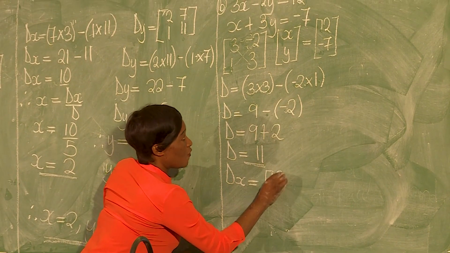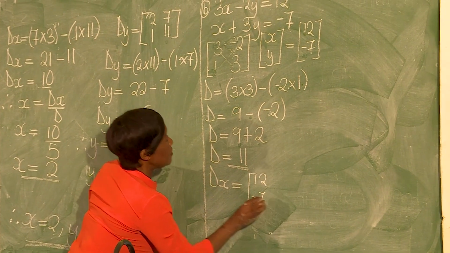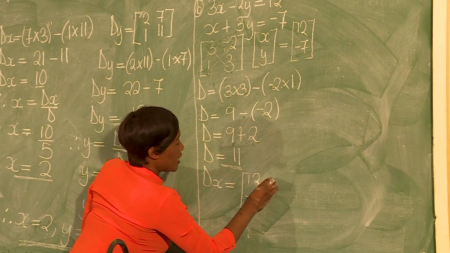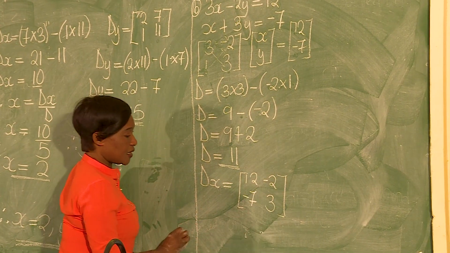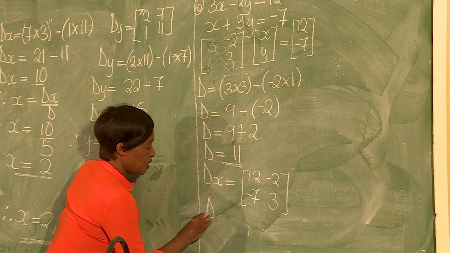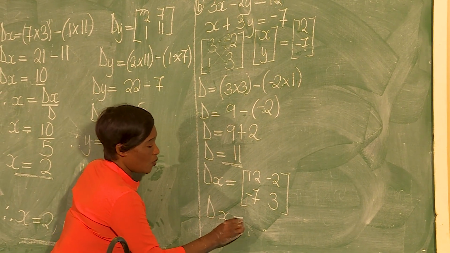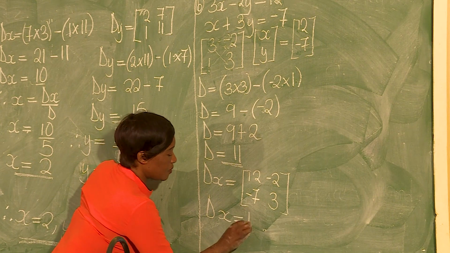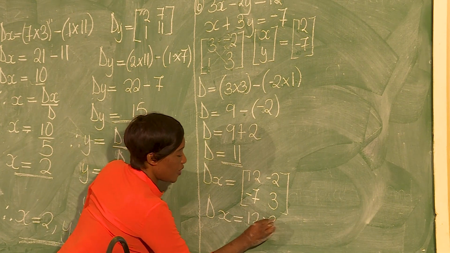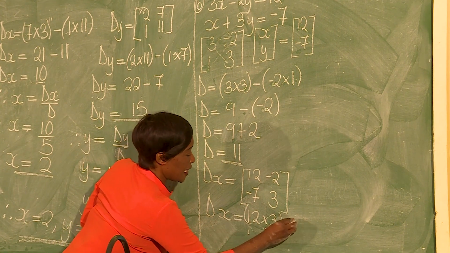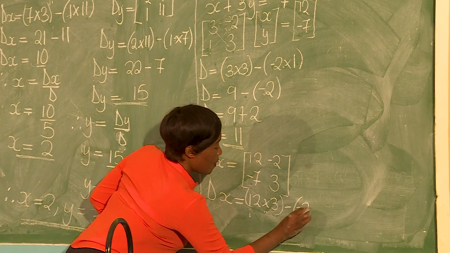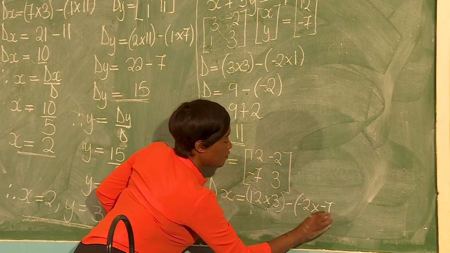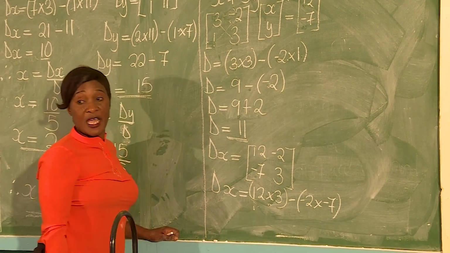So it will be 12, negative 7, then we have negative 2 and 3. So what is our dx? This will be equal to 12 multiplied by 3, brackets like that. Then we have negative 2 multiplied by negative 7.